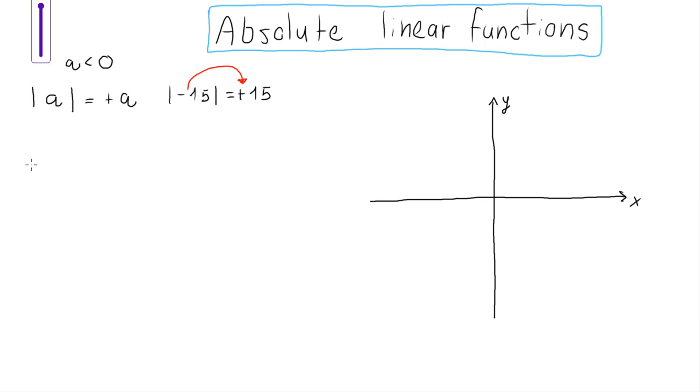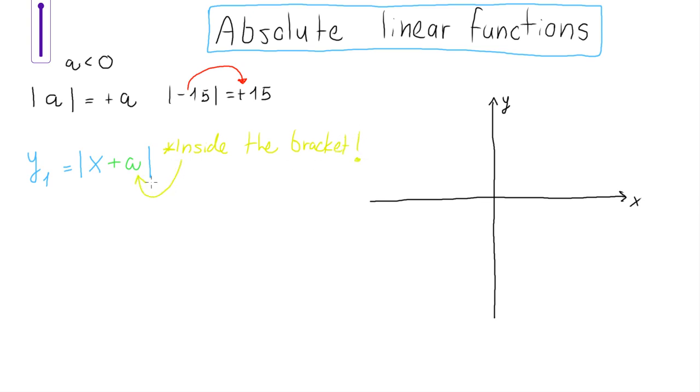Now, the first rule, so let's use y1, is as follows. If we add plus a inside the bracket, and really be careful here, this is inside the absolute bracket. It's very important.